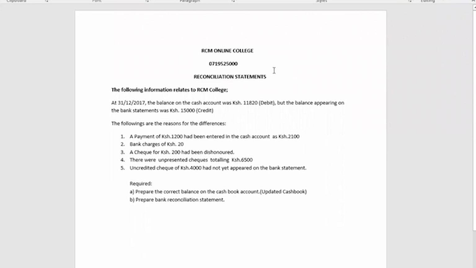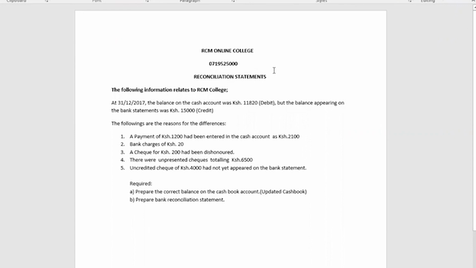So this is the question. The following information relates to CM College at 3/1/2017. The balance on the cash account was 11,820 debit, but the balance appearing on the bank statement was 15,000 credit. Then the following reasons for the difference.